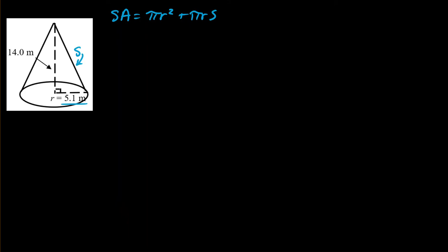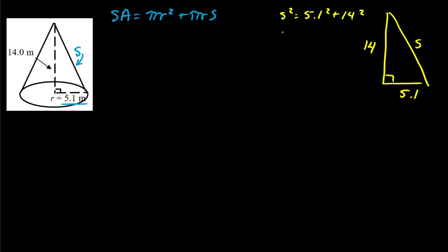Over on the side here, I'm going to draw a diagram. The slant height is the hypotenuse of this right angle triangle. The height of the cone is 14. The radius is 5.1. So s squared equals 5.1 squared plus 14 squared.